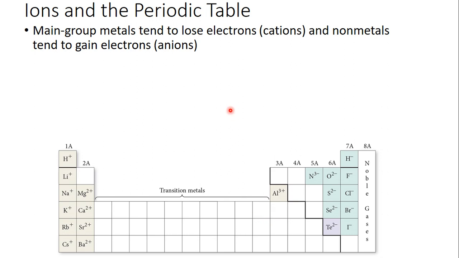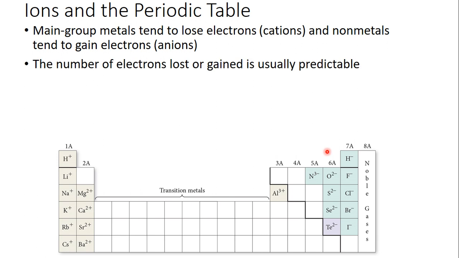Now for these main group elements, we can really predict what charge their ions are going to have. Main group metals lose electrons and become positive, as shown here, so they're cations. Nonmetals tend to gain electrons and then become anions.